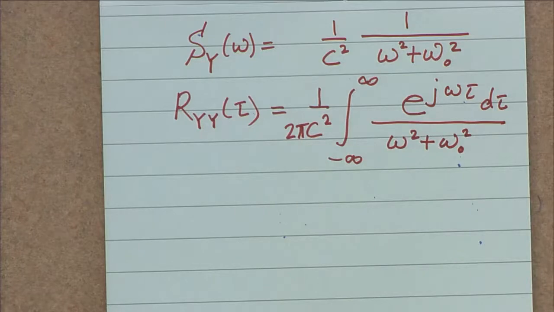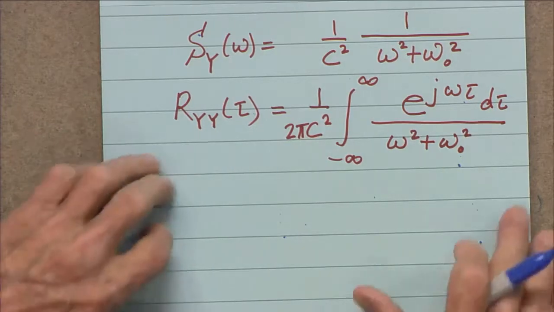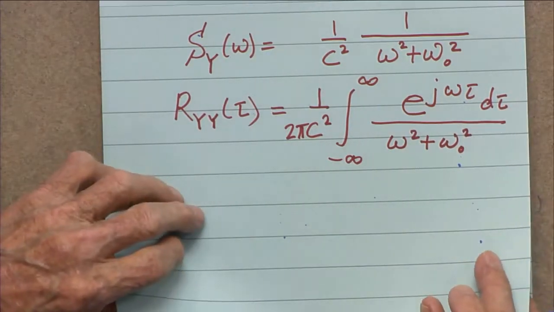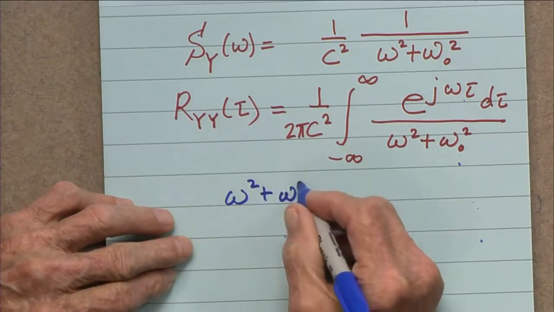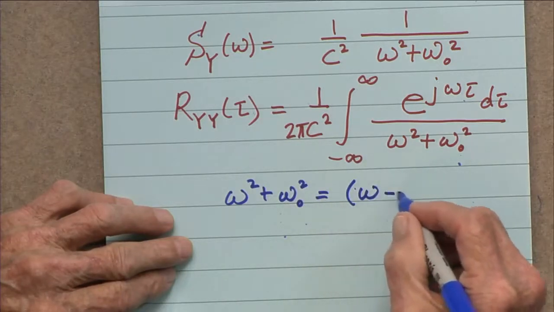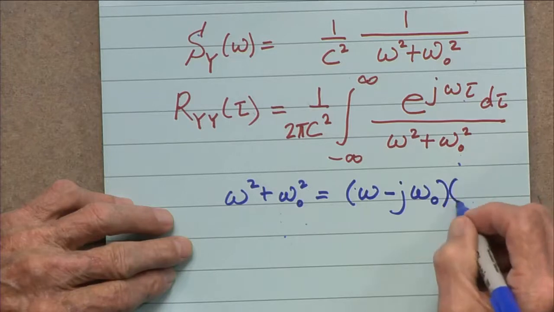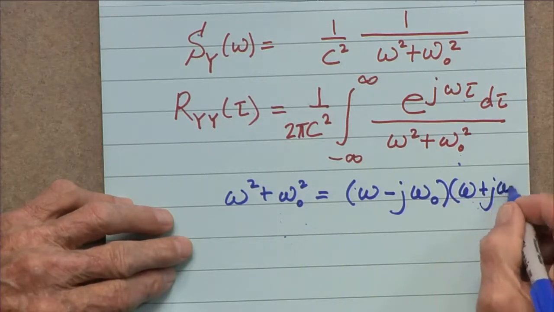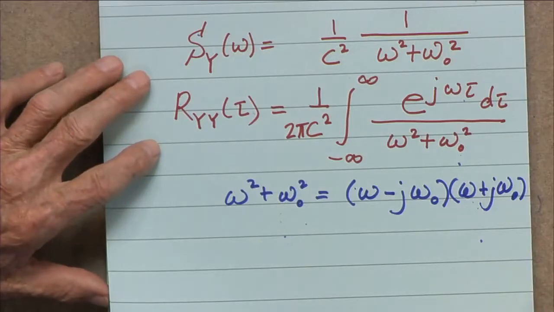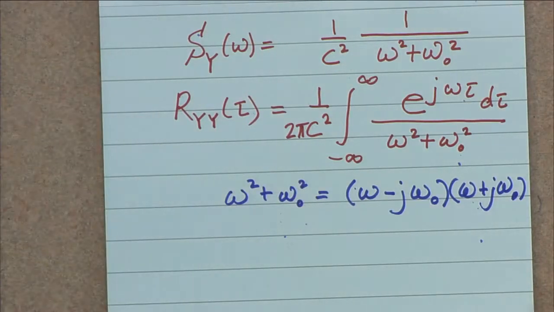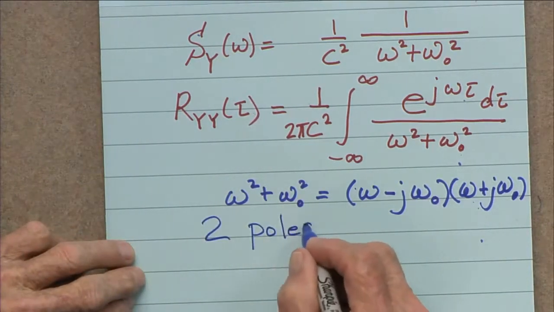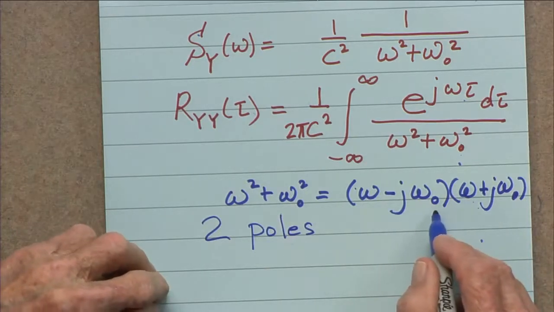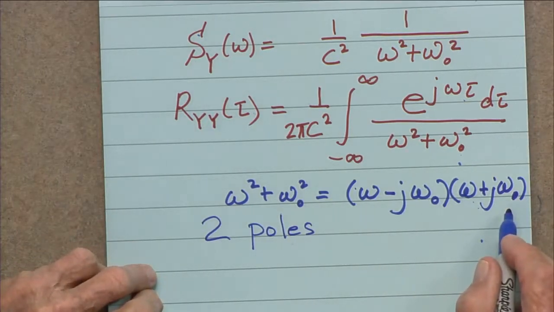Can we evaluate that integral? Well, let's see if we can bring Cauchy's theorem into play. Omega squared plus omega 0 squared is omega minus j omega 0 times omega plus j omega 0. Right, we got two poles. Two poles now, one at j omega 0, the other at minus j omega 0.